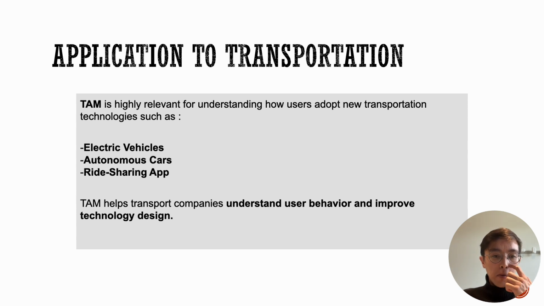So it's about the perceived usefulness and the perceived ease of use. And for the last one, we can take apps like Uber. They are adopted when users see them as convenient and simple to use.